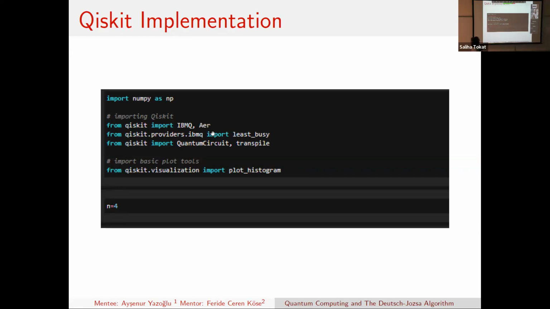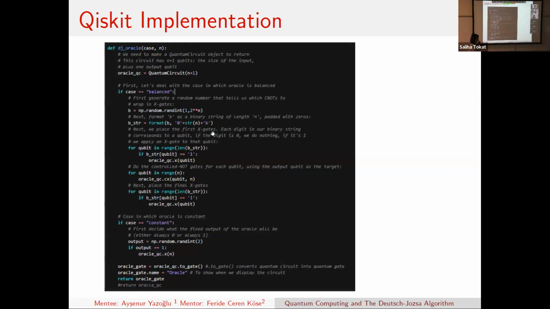So this package does that, and Aer gives us the ability to make simulations. We will execute the algorithm for n equals 1. So we will have 2 qubits as input.